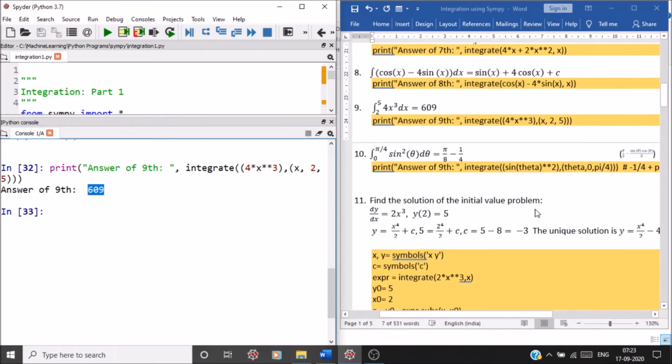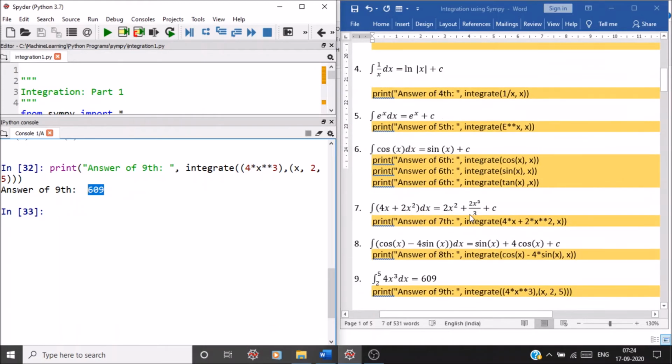Now you can see one more example: integration 0 to pi by 4 sin square theta. Here we have to define theta as a constant part. After that we can execute it.